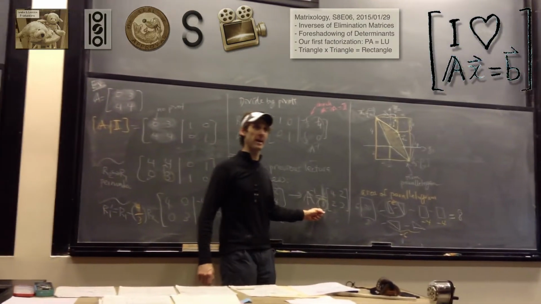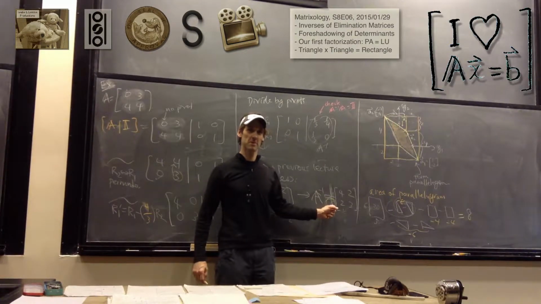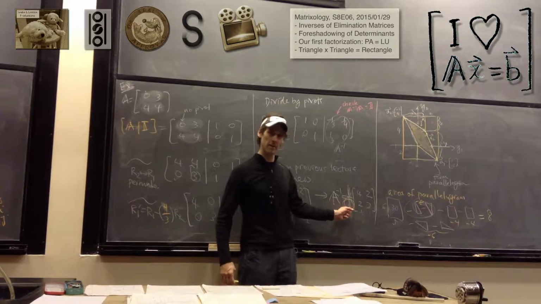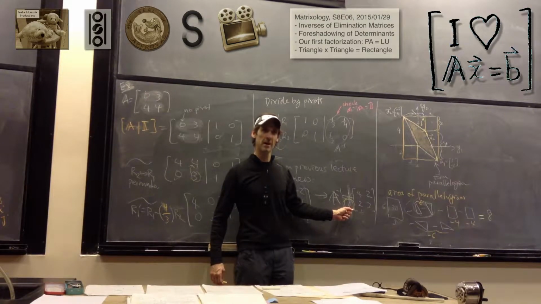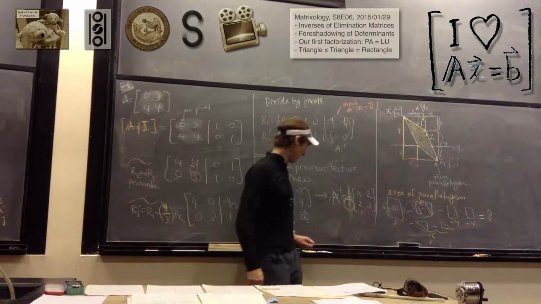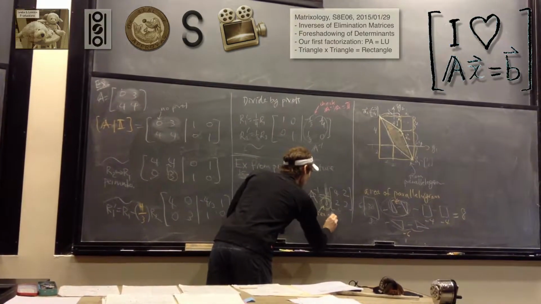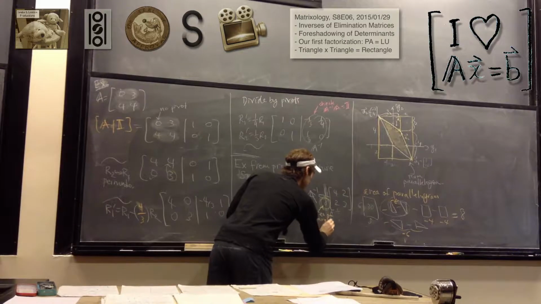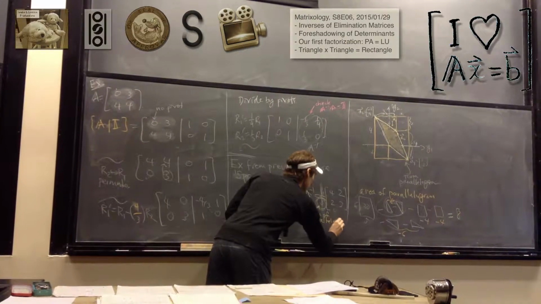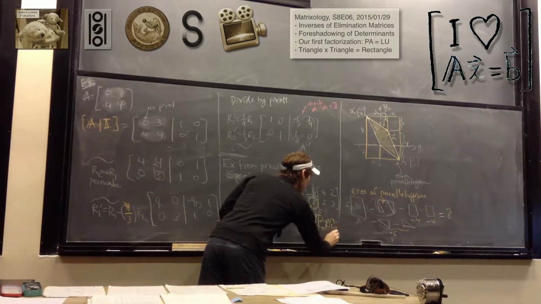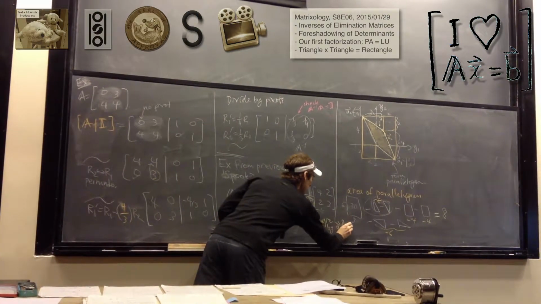Now I did just pull an 8 out here, but there's a special reason for pulling that 8. You pull out 16, you can pull out 4, whatever you want. But this is the area of the parallelogram created by these two column vectors. All right, we'll come back to that. Created by A1 and A2.